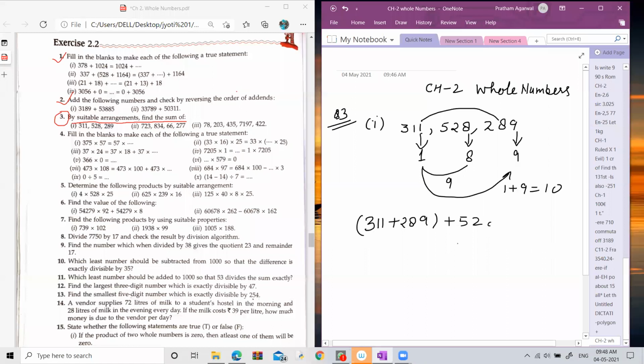I'm doing the addition in the rough column, 311 and 289. 9 plus 1, 10. 8 plus 1, 9, plus 1, 10. 3 plus 1, 4, plus 1, it is 600. Fine. Now note down the next number, 528, the third number.